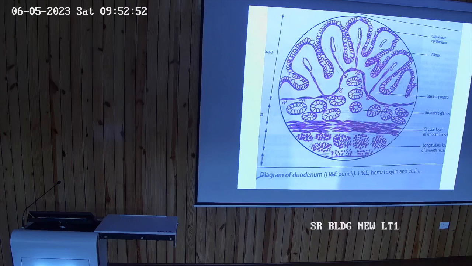And the other important part, look here, between the columnar cells you are finding the goblet cells. Now at this time, it should be clear in your mind how the goblet cell will be seen.